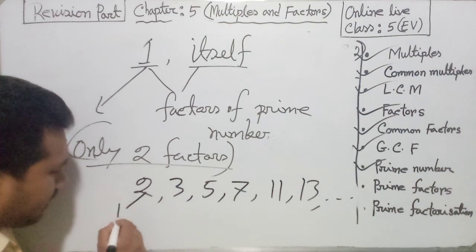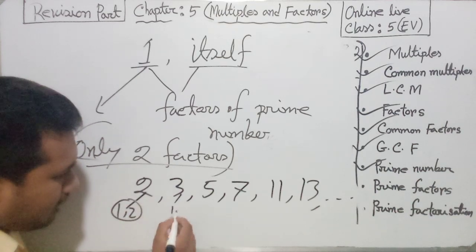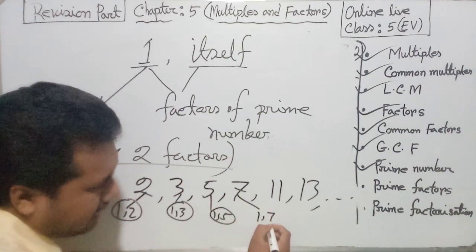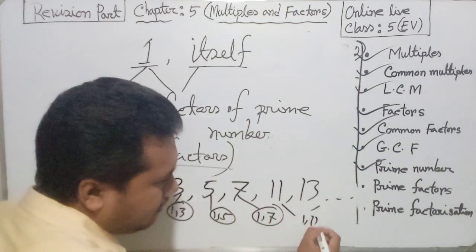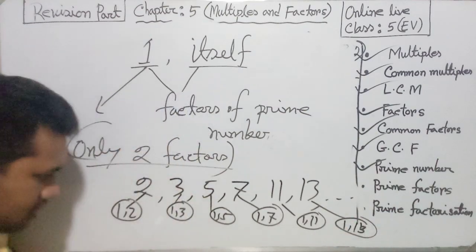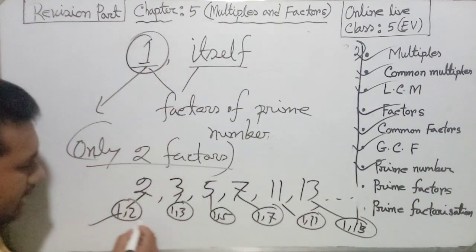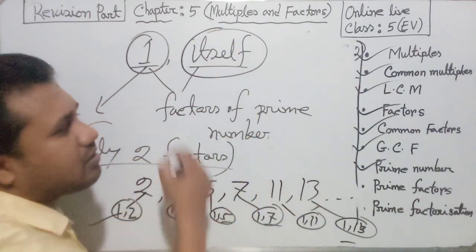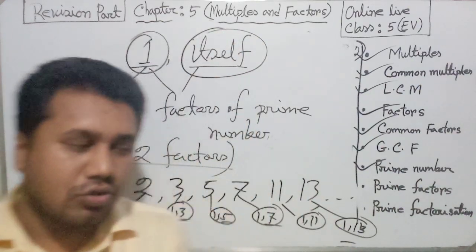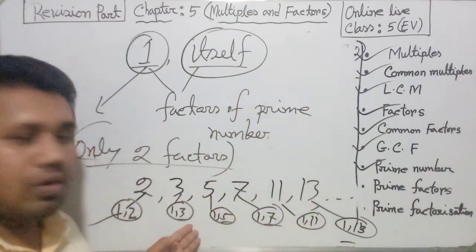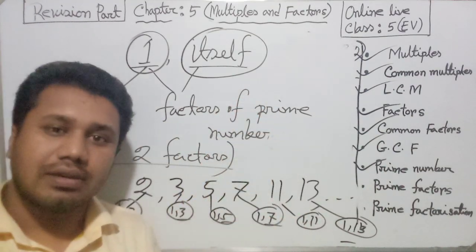For 2, the factors are 1 and 2; for 3, 1 and 3; for 5, 1 and 5; for 7, 1 and 7; 1 and 11; and 1 and 13. That means 1 and the number itself. So when the factors are only 2, 1 and itself, then we can say they are prime numbers.